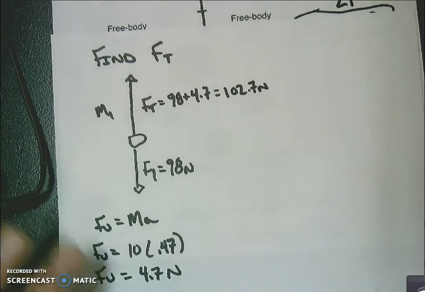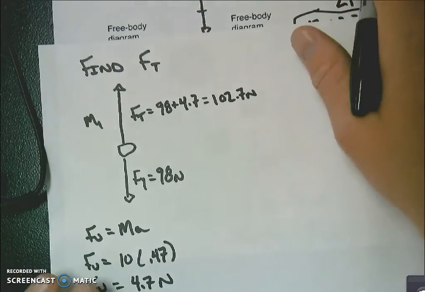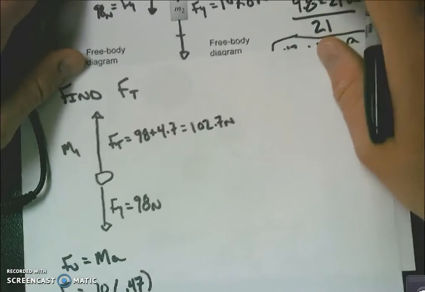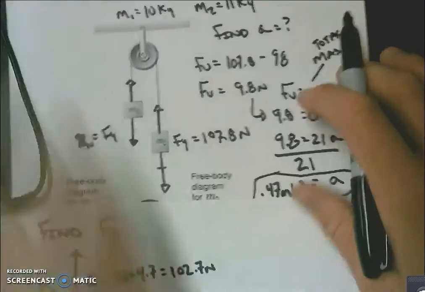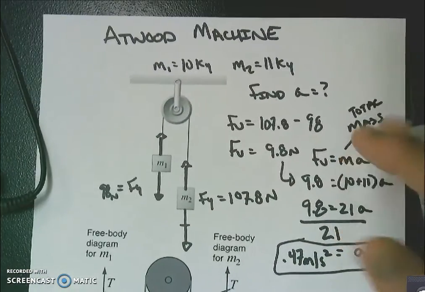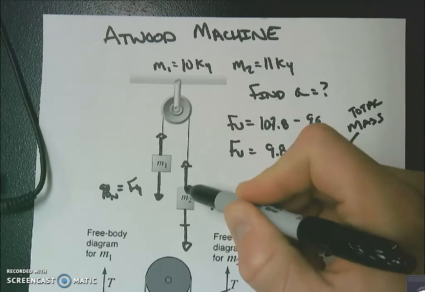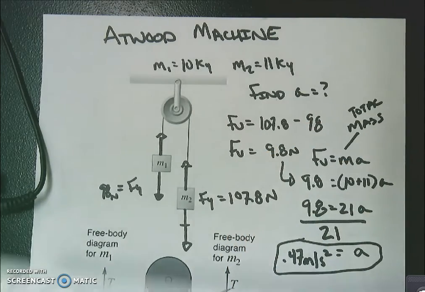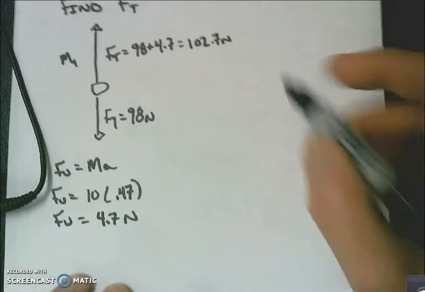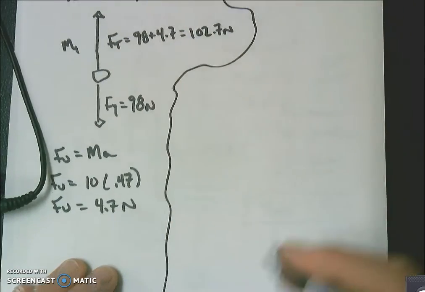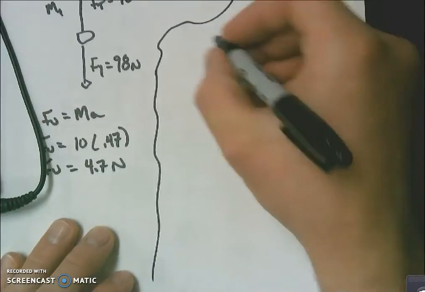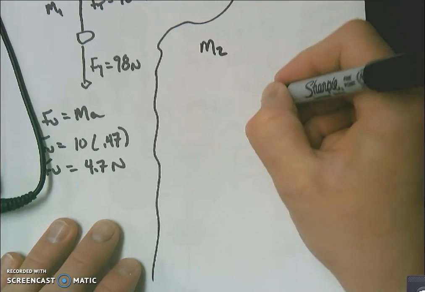So the other way that you could do it is you could consider the larger mass. So again, we'll show you what that looks like. If we go back to here, we know that this force of gravity is going to be larger than the tension up. So if I do this for mass 2 now, okay, so we'll consider mass 2. Force diagram applies.